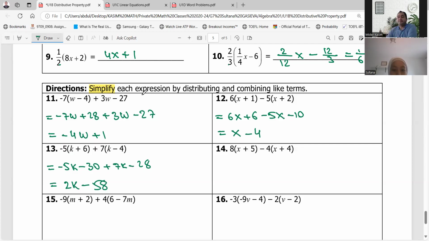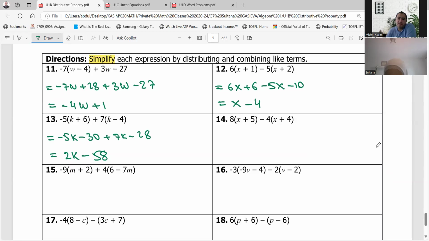Do question 14. You have 2 minutes, Sultana. It's taking too long. Just open parentheses, simplify. That's it. Two steps.